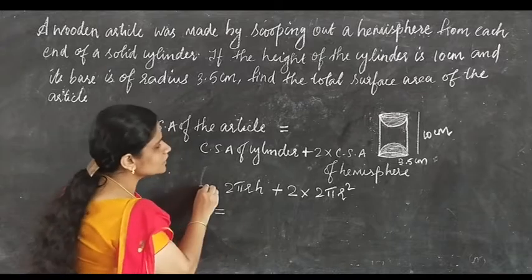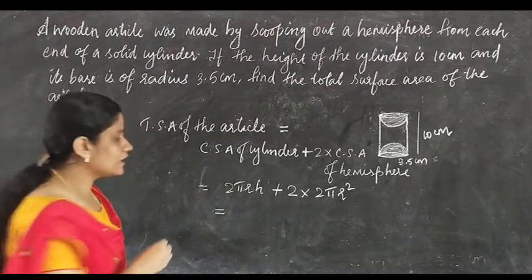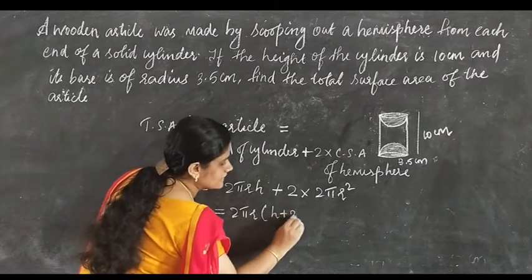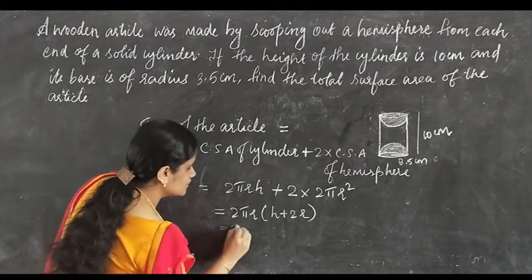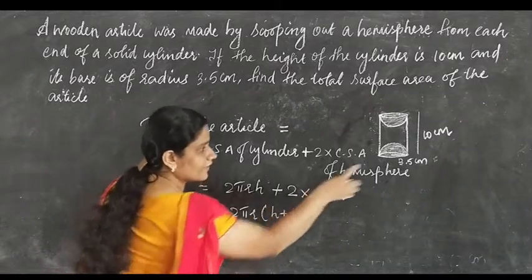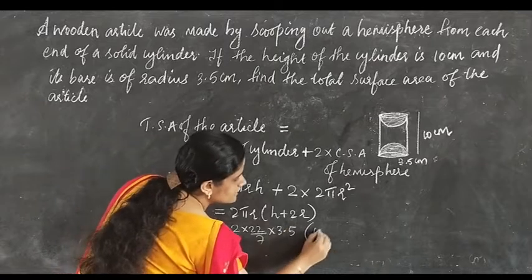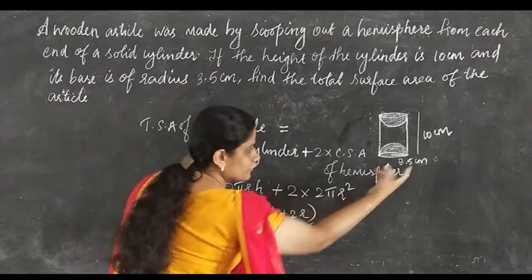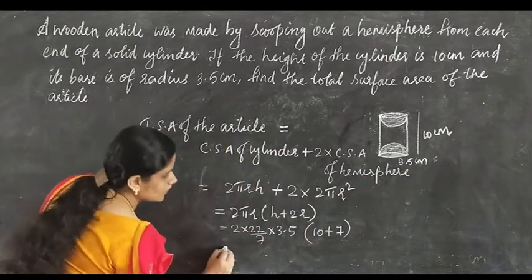Here 2 pi r is common, so we can take that outside: 2 pi r into h plus 2r. So what do you have? 2 into 22 by 7 into the radius, 3.5, into 10 plus 2r. Radius is 3.5, so 2 into 3.5 is 7. Okay. Now what do you have?